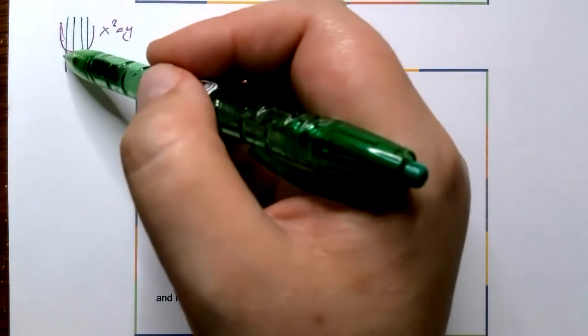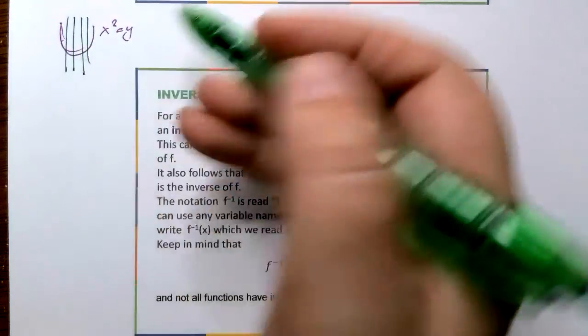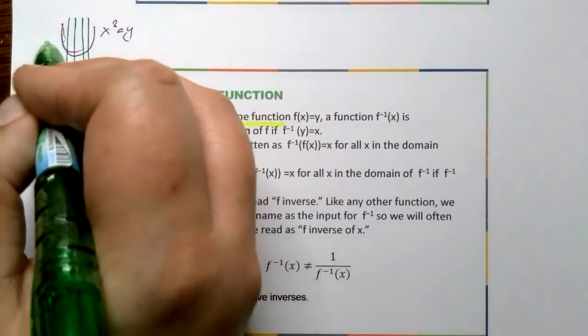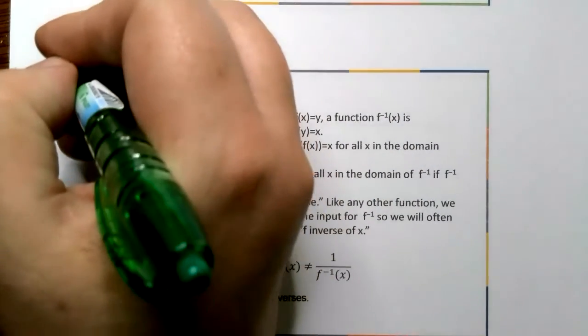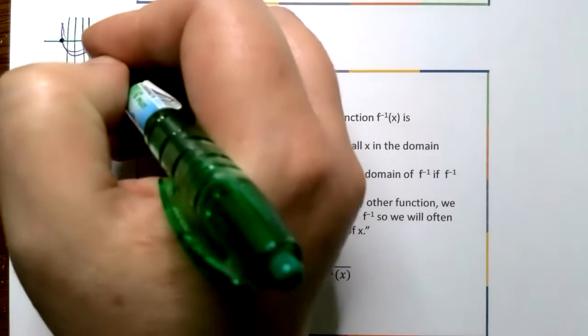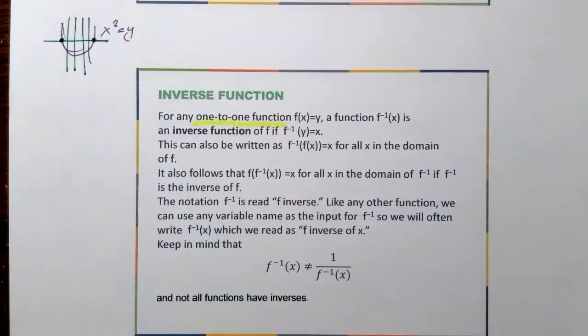Each line crosses the graph only once, but it will not pass the horizontal line test because the horizontal line crosses the graph twice. So this is not a one-to-one function, and we're going to discuss later what to do with that.